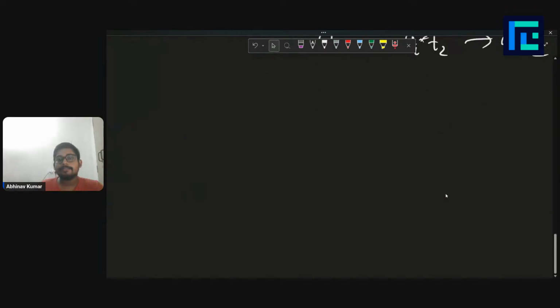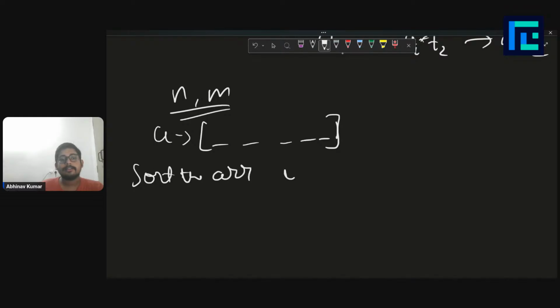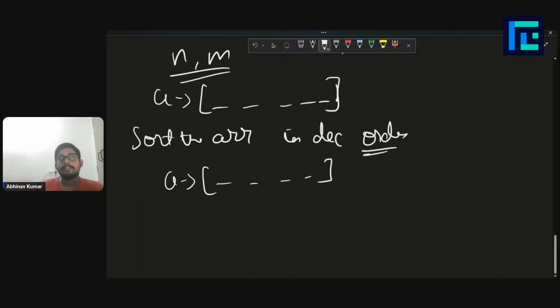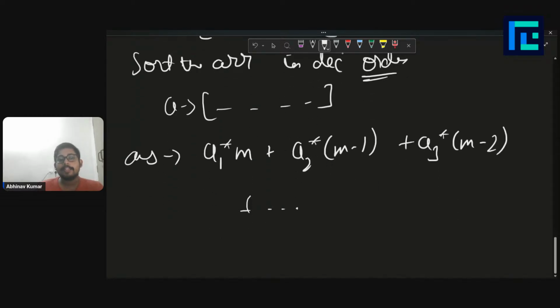So your final answer, for a given n and m with an array of size n, is this. First, sort the array in decreasing order. Once you have sorted the array in decreasing order, your answer is the greatest value multiplied by m, plus the second greatest value multiplied by m minus 1, plus the third greatest value multiplied by m minus 2, and so on, until you go to the last value in the array.